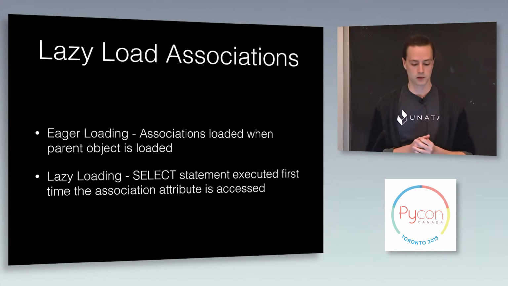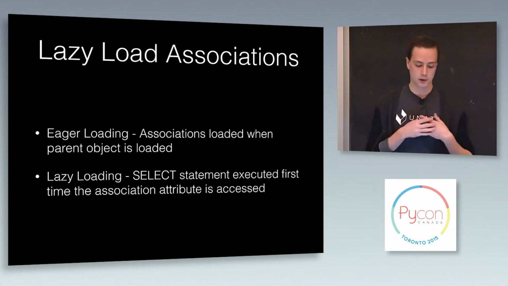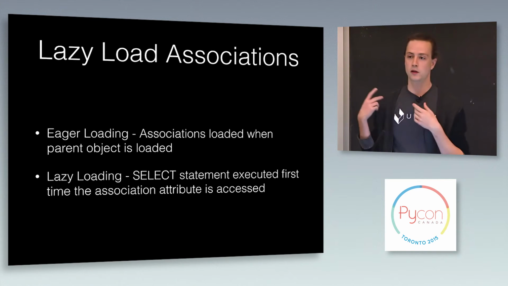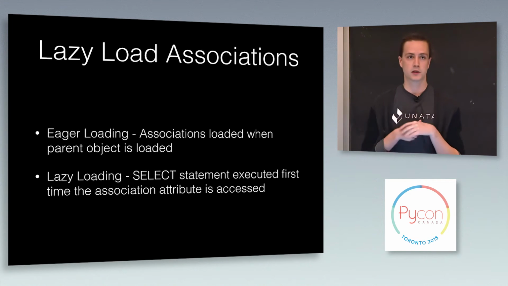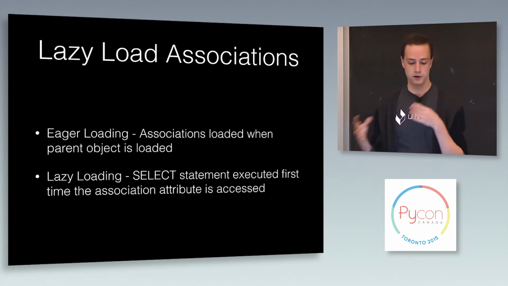One, you load them eagerly, so the associations are loaded on the object when the parent object is loaded. The other is lazy loading, where the association is only loaded when you access it. This seems like a good idea because, why fetch data that you might not need? Fetch it right when you want it.